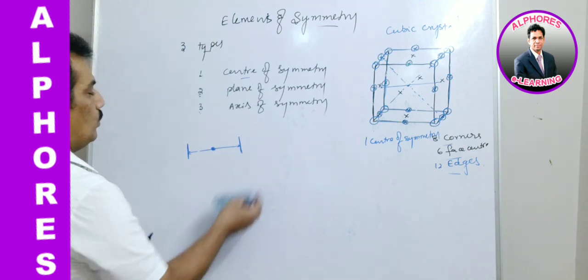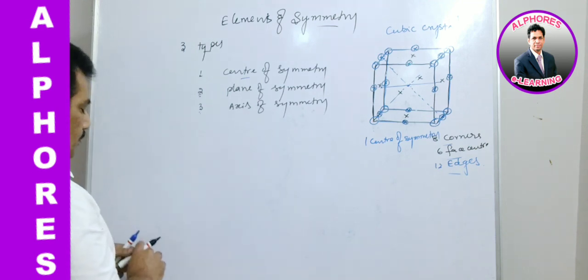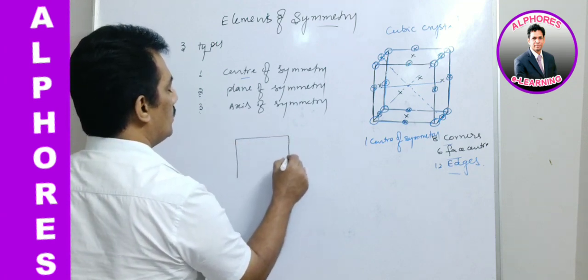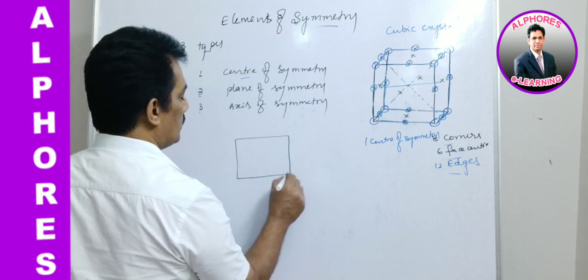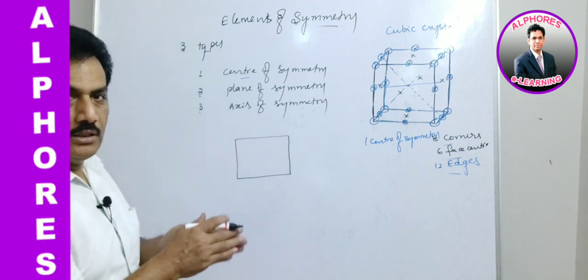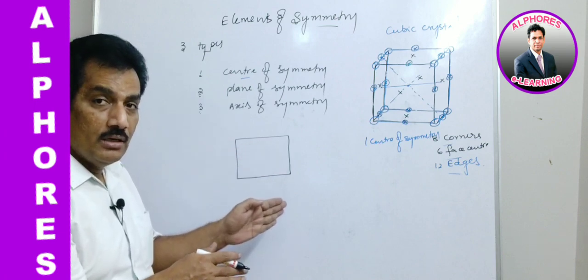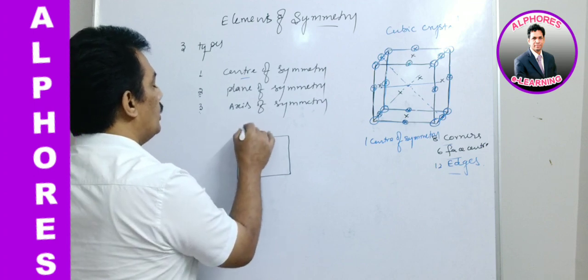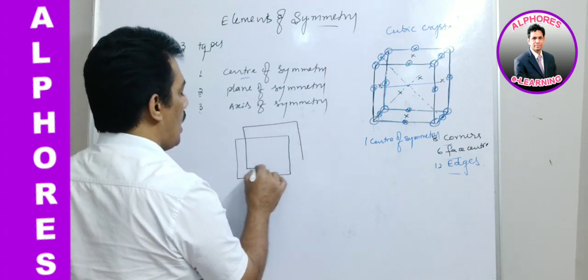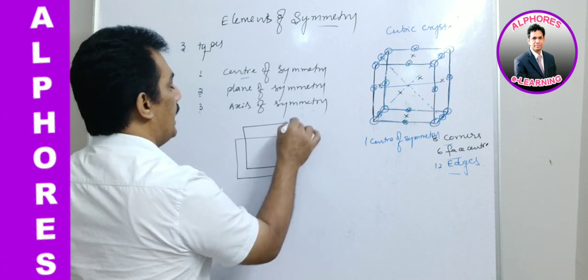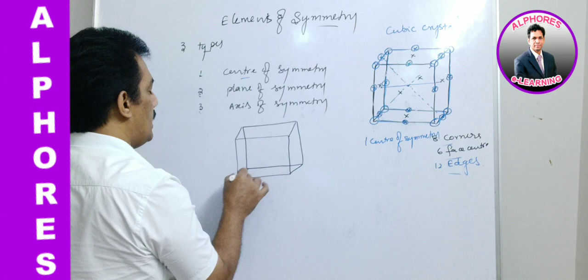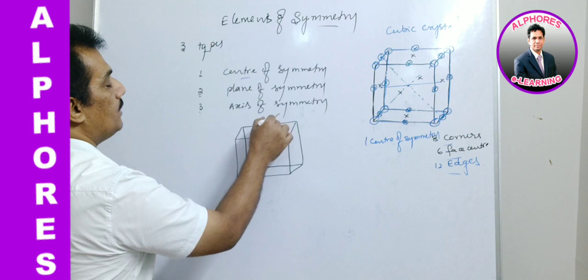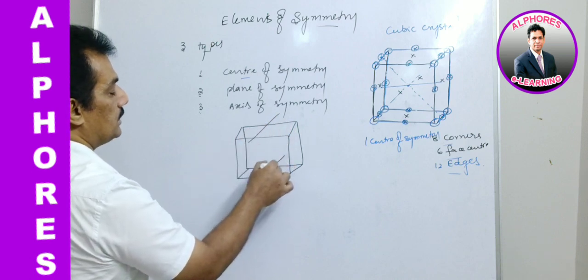Then coming to plane of symmetry. A plane is an imaginary plane that is drawn along the object, passes through the center of symmetry, and divides the object into two equal halves which are exact mirror images of each other.